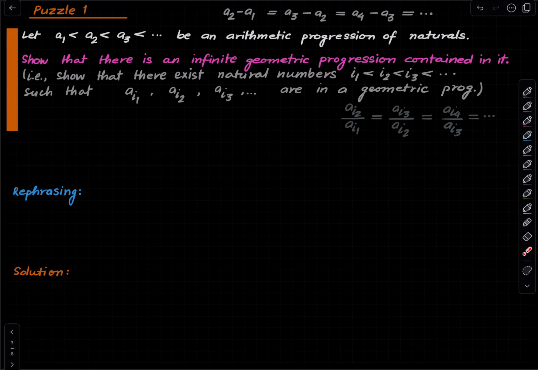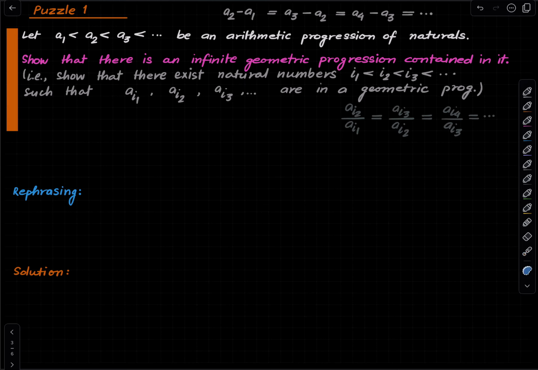Does it contain an infinite geometric progression? Of course it does. Just take 2, 2 square, 2 cube. These are the numbers sitting in our original sequence and they are in a geometric progression where the successive ratio is 2. And you can play along more. I encourage you to pause the video and try to solve the question before you look at what I'm going to discuss.